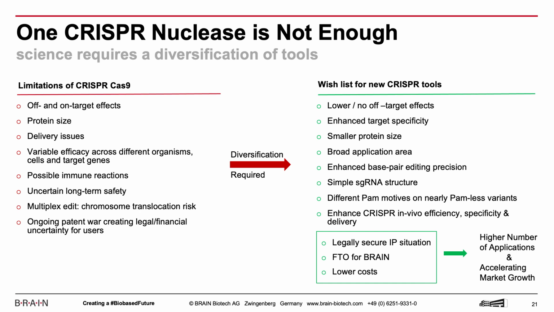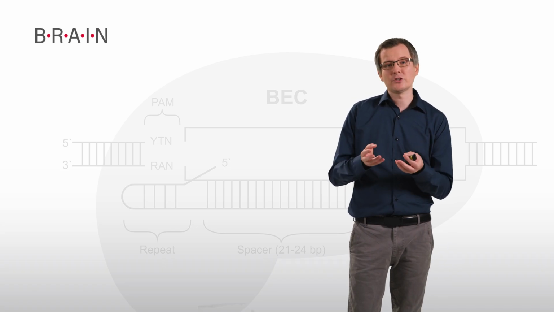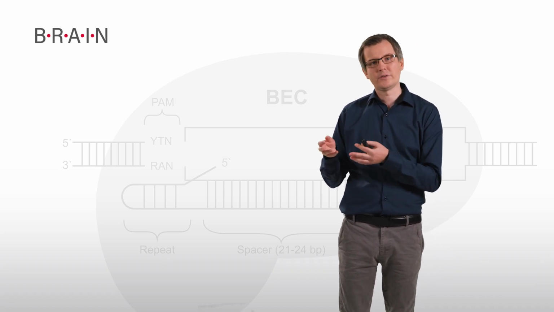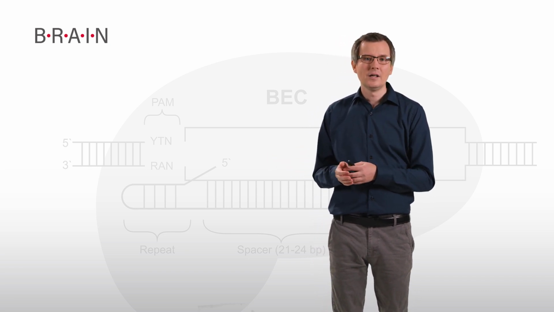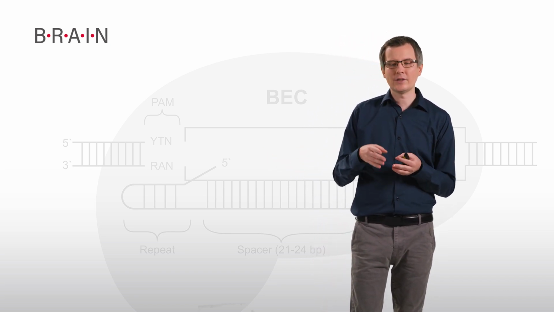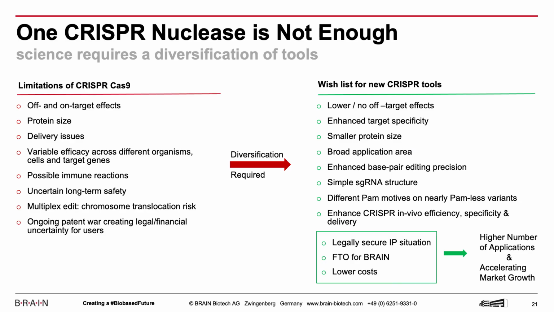Then we have Cas9 as a protein itself. So it is a very big protein, has a very big size. And this can make it quite hard to deliver the Cas9 protein efficiently into your target cell. Furthermore, we have variable efficiencies across different organisms, across different cells, and also across different loci inside the same cell, which makes it almost impossible to predict the outcome of your experiment prior to your actual experiment.